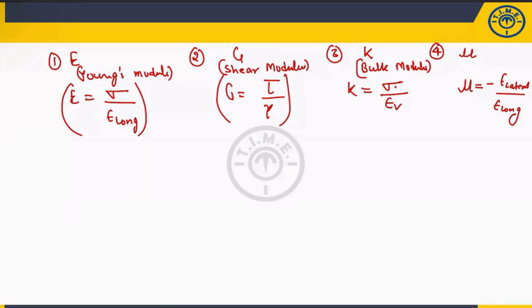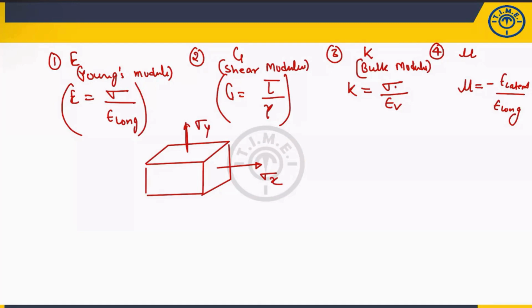What is it, sir? Hydrostatic means, for example, just take this as the cross section. Let's suppose this is the cube. The stress acting in this direction is sigma x, here it is sigma y, and here it is sigma z. If all these three stresses are equal, that means sigma x, sigma y, and sigma z are equal to sigma only. From all dimensions, if the stress value is the same, then it is called a hydrostatic state of stress.